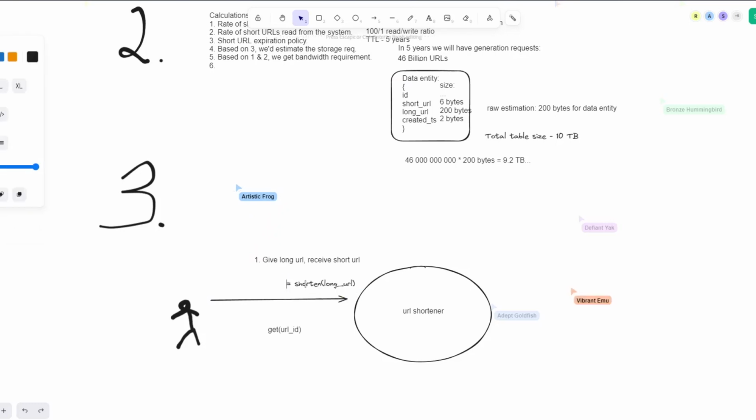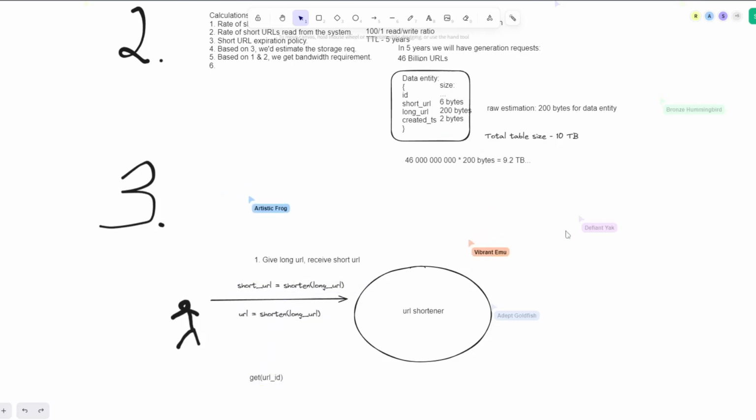Or we can make it more RESTful, just for simplicity. Let's continue your suggestion. I think a REST form of API would be better. Yeah, very generic. Can you make it REST?